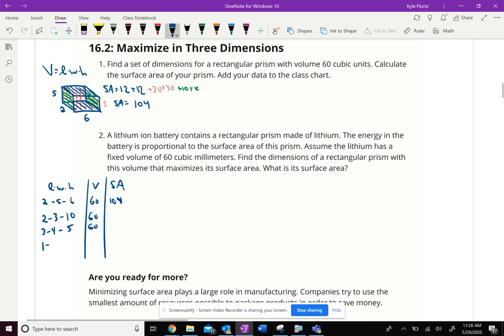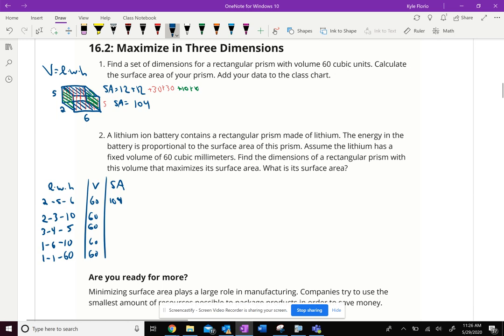Be a little clever here. 1 times 6 is 6. 6 times 10 is 60. And 1 times 1 is 1. 1 times 60 will give me 60. So these are different dimensions that I could use, and I need to calculate the area of all of these, and maybe I can figure out which one's going to give me the most possible area. I don't think I missed any, but now we just have to calculate the area of all of these.